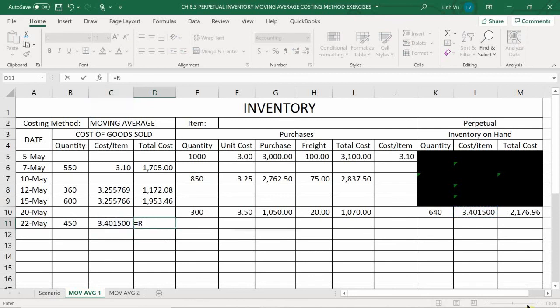So then what is my total cost of goods sold? 1,530.675. Good. Round that up to 68.